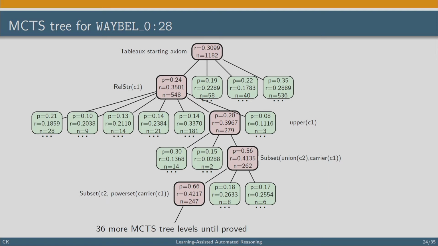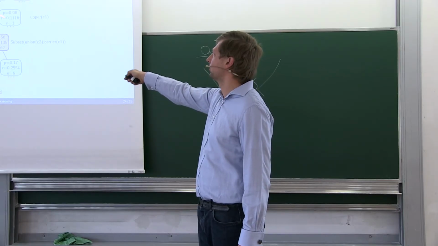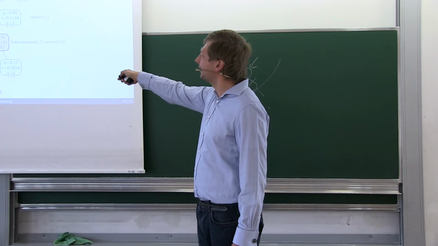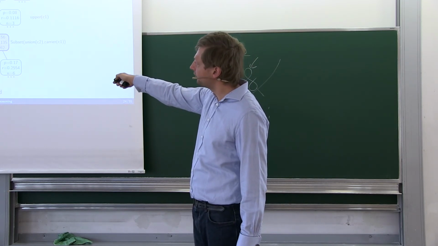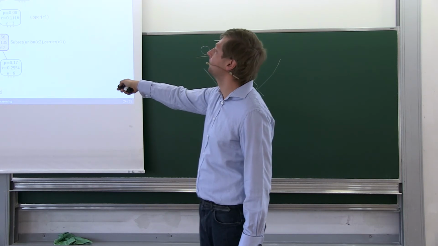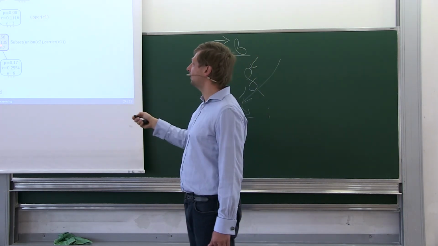So here, the number of visits for all these nodes sums up to the number of visits of the tableau starting axiom, but we go down, and again we have some priors. In this case, the leftmost one and the pink one seemed most promising at the beginning, but the pink one was the one where the reward was again highest. Therefore, we start visiting that one very much. Here there was one where the reward was pretty high, but yeah. And we continue doing that.